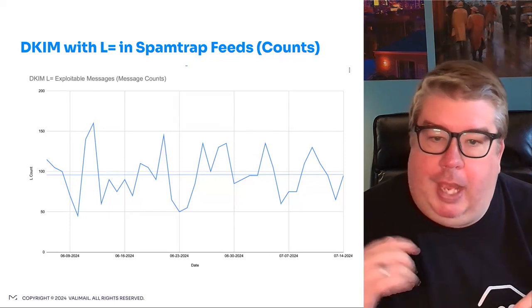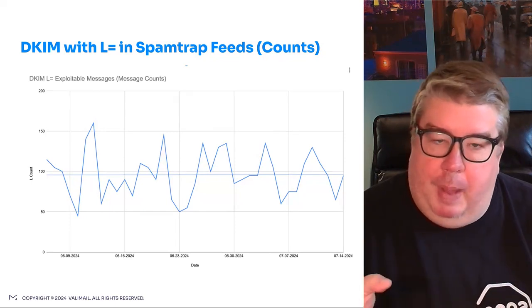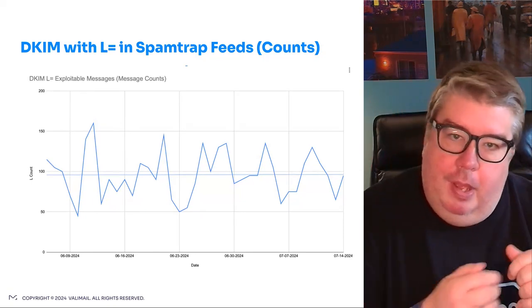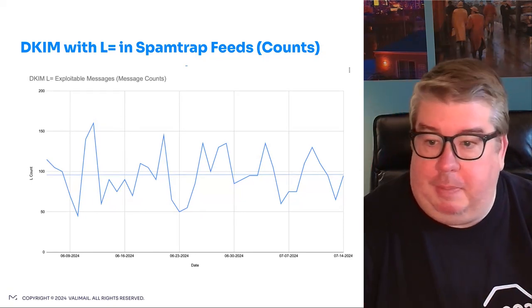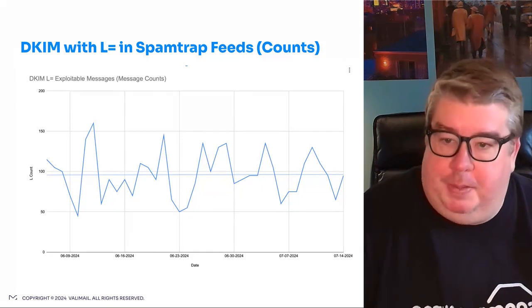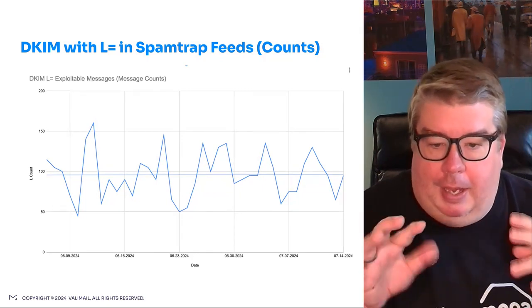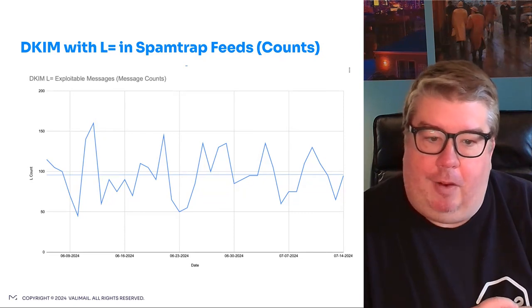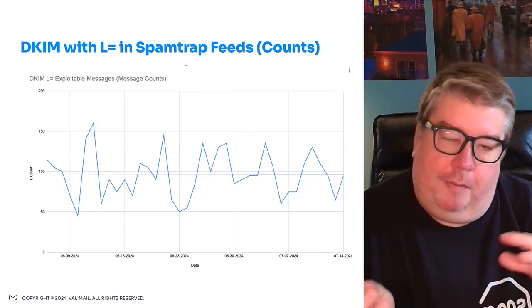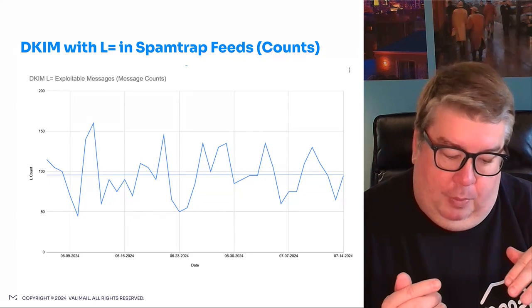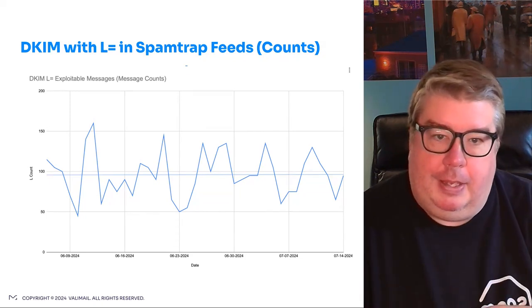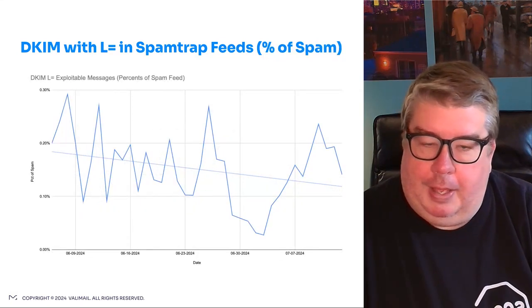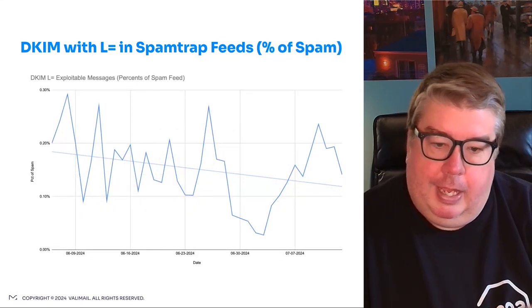And basically, when I look at the raw counts in my little spam trap feed, and from some people's view, I'm a very small spam trap operator, but to me, it's a lot because many thousands upon thousands of messages. And you can see there that overall volume, after you normalize it, is effectively flat over time. So the overall volume of messages with the L tag in place is still there. It hasn't really gone down, but overall, as a percentage of my spam trap feed, it actually has gone down.